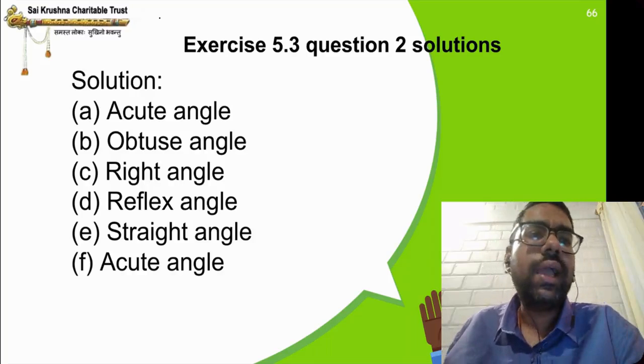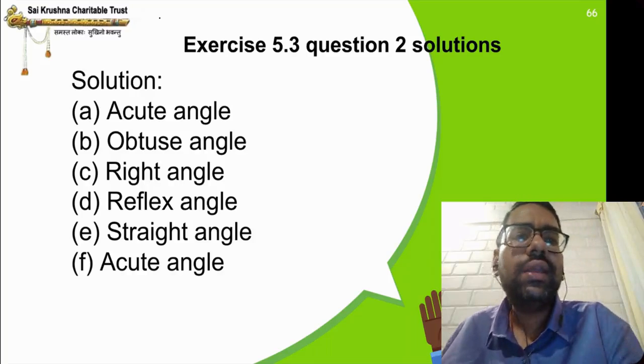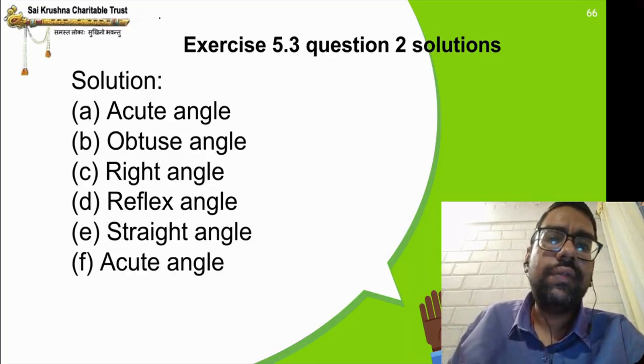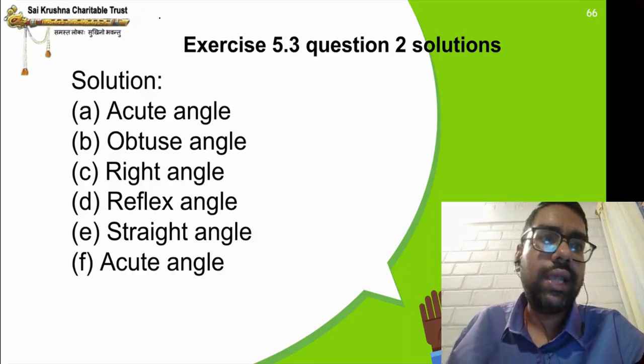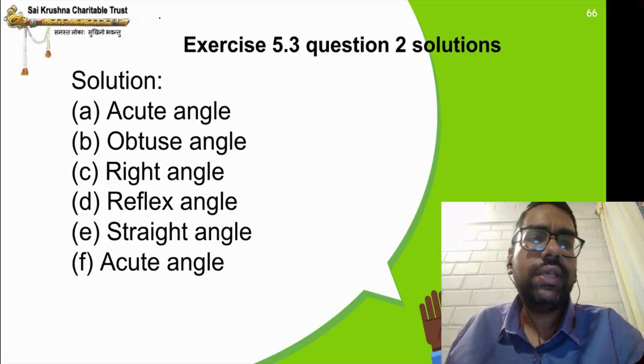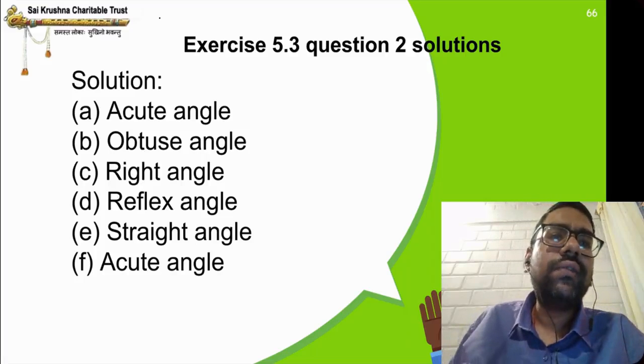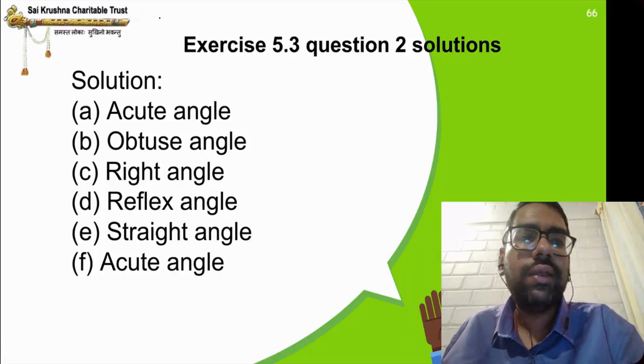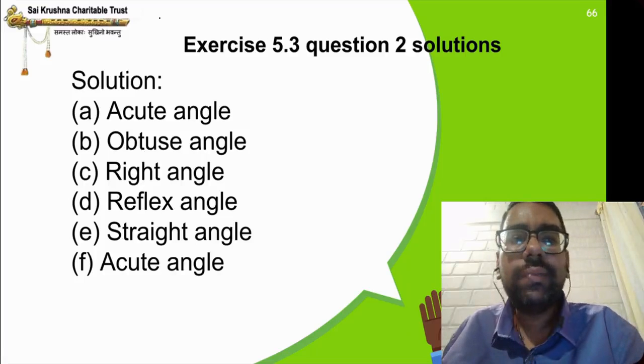Why is A an acute angle? The angle formed is less than 90 degrees. B is obtuse because the angle formed is greater than 90 degrees and less than 180 degrees. C is a right angle because the angle formed is 90 degrees. D is a reflex angle because the angle formed is greater than 180 degrees and less than 360 degrees. E is a straight angle because the angle formed is 180 degrees. F is an acute angle because the angle formed is less than 90 degrees. Okay. We'll continue with the next part in the next session.